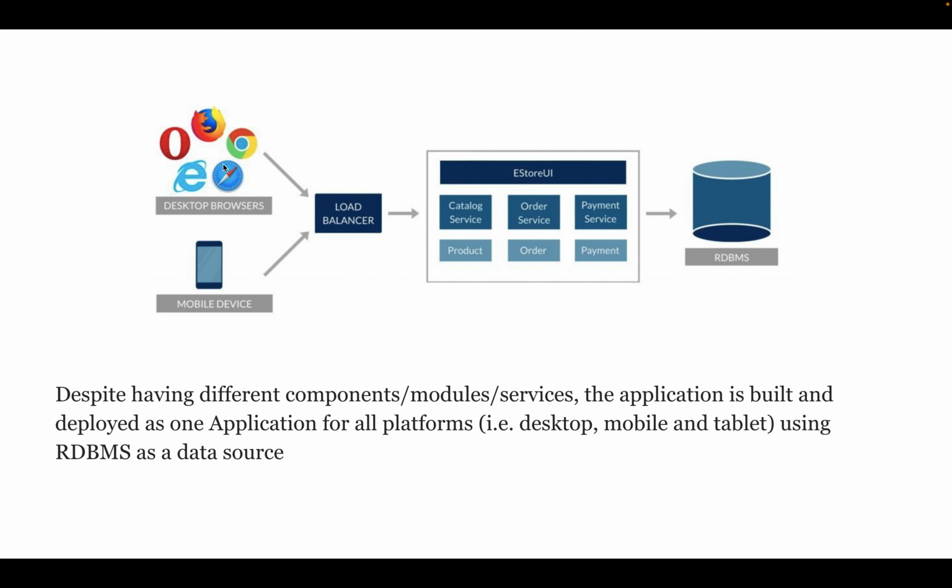In the starting, we have the request, and this request is taken care of by the load balancer. In the e-store we have the catalog services, product, order, and payment, and these particular features call the database, and we get a response to the e-store, right? So this is the mobile device or any particular client, and we have written everything here. So this is an example of the monolithic architecture, right?